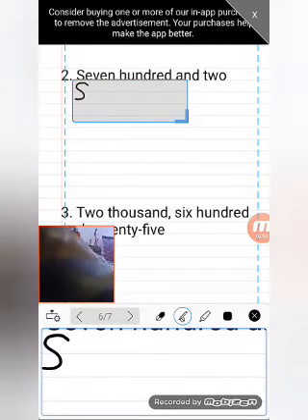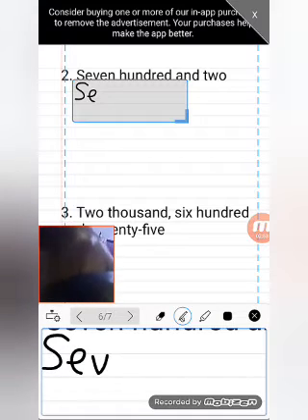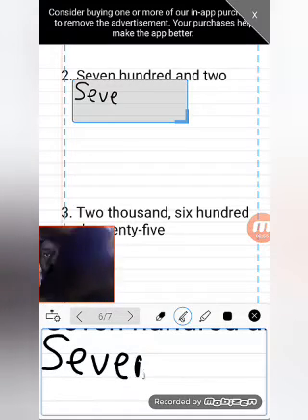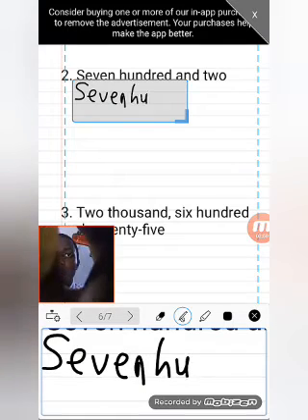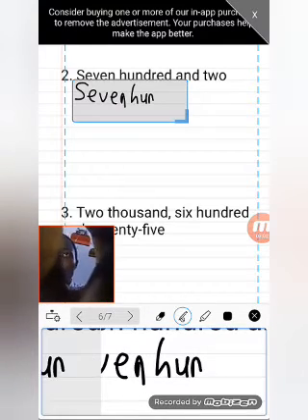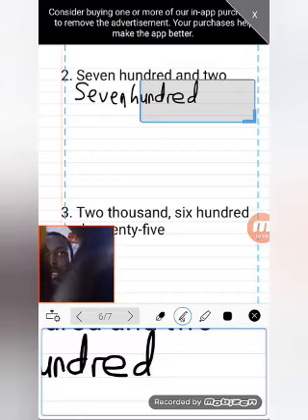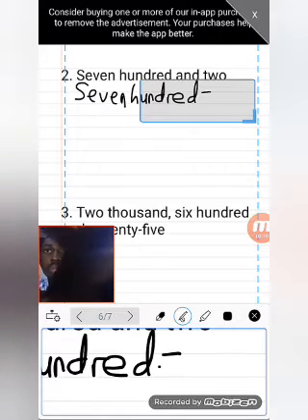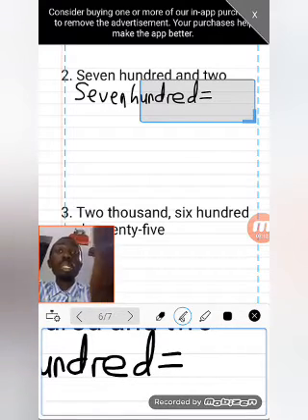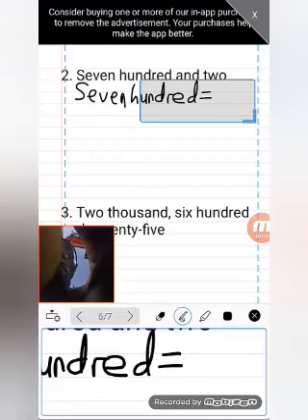7, then 100. How is 700 written? Remember, for the hundred place value, you just have the number with 2 zeros behind it.